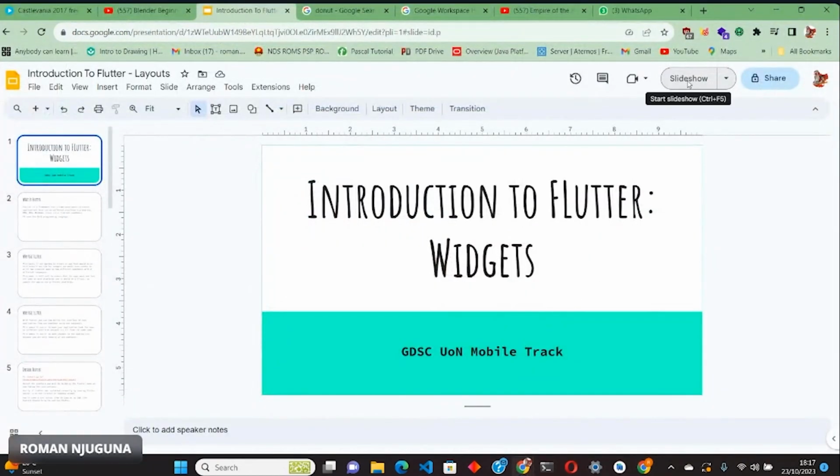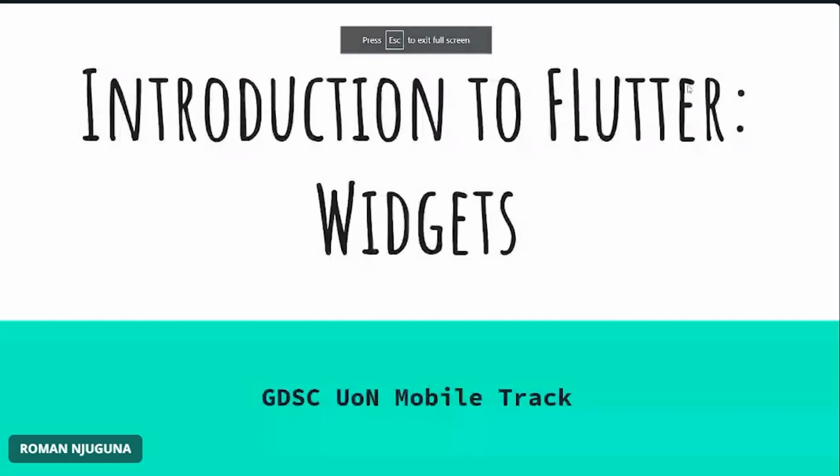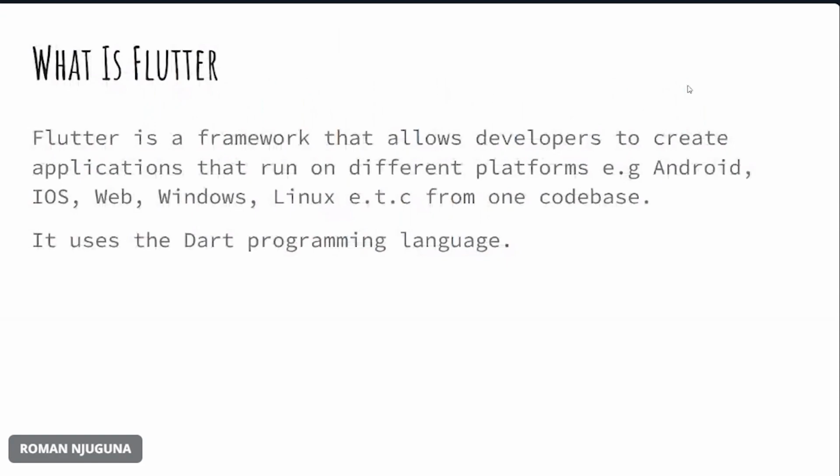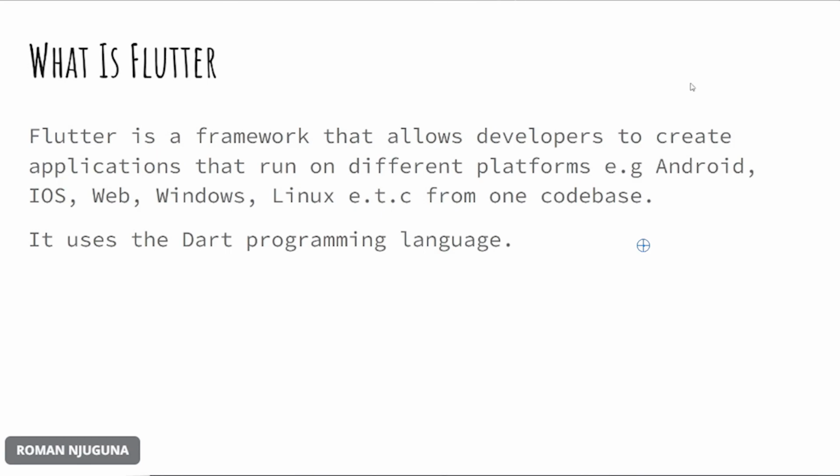Okay. Yeah, let's start. So this is going to be a session on Flutter, and I'll begin with what Flutter is. So Flutter is a framework. It allows developers to create applications that run on different platforms, Android, iOS, web, Windows, etc. So what this means is that Flutter is basically a tool that us developers can use to make an app that you can run on your phone, can run on your computer, you can run on a website, something similar to YouTube.